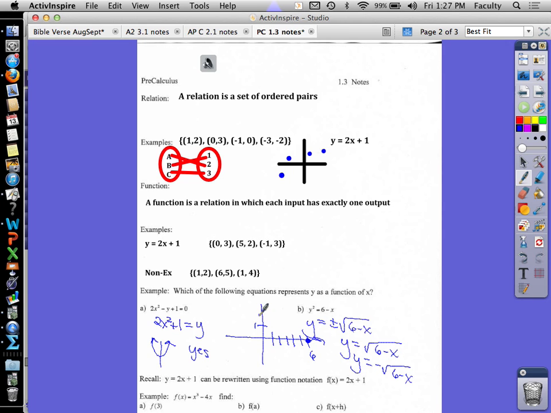And what about if I plugged in 5? What's 6 minus 5? 1. The square root of 1 is 1. Now, I don't want to plug in a 4 because I don't want to do the square root of 2. But what if I went to x is 2? If x is 2, 6 minus 2 is 4.